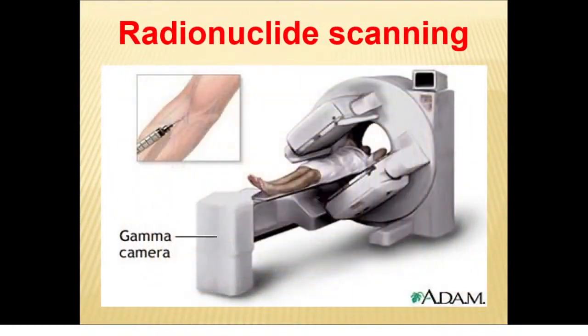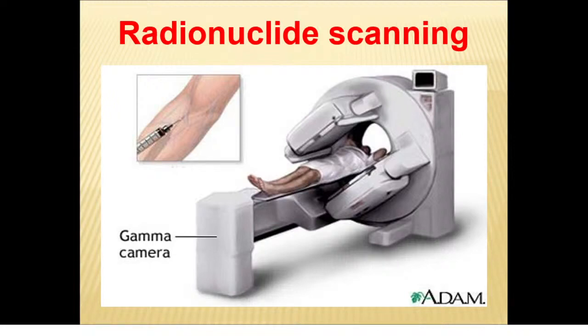Sometimes we can use radionuclide scanning. Into the vein, we introduce special markers, which are radionuclide elements, which are then tracked with a special gamma camera. The gamma camera is placed over some sides of the heart, depending on the uptake of the medicine into the heart.